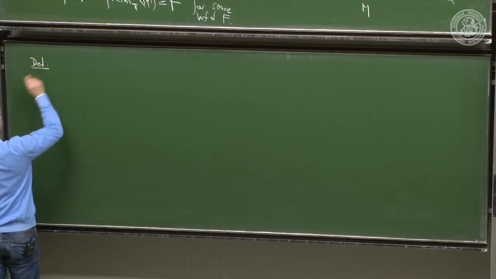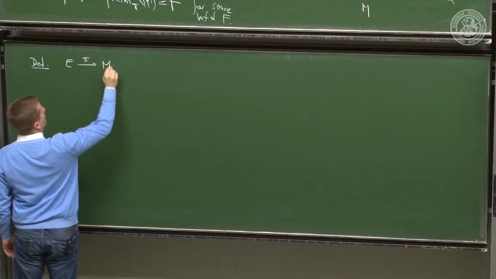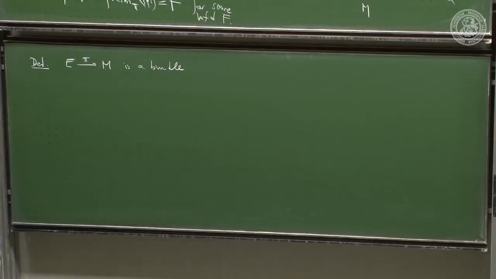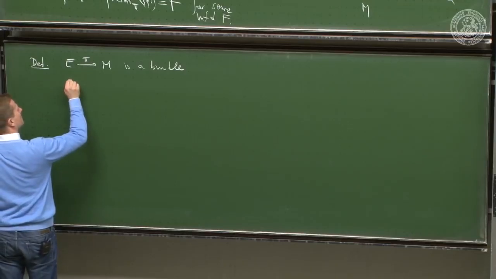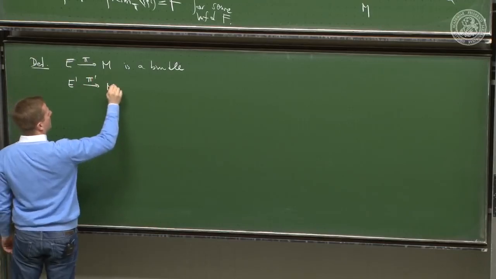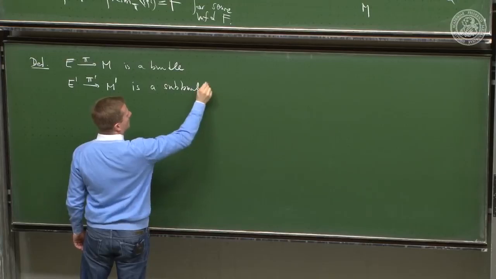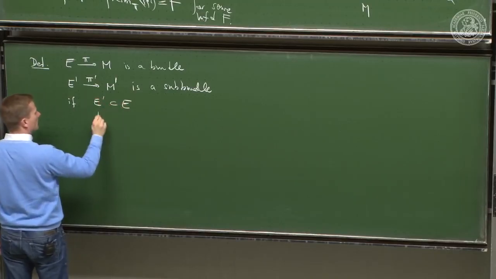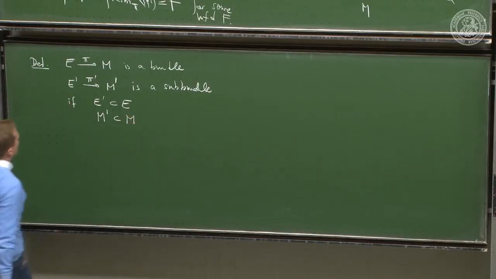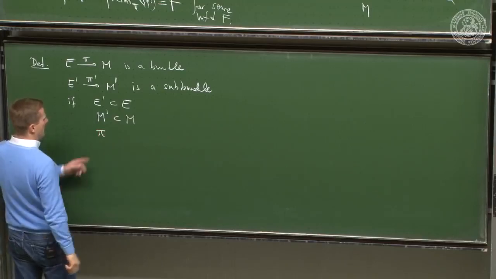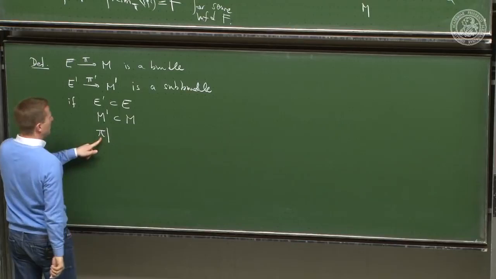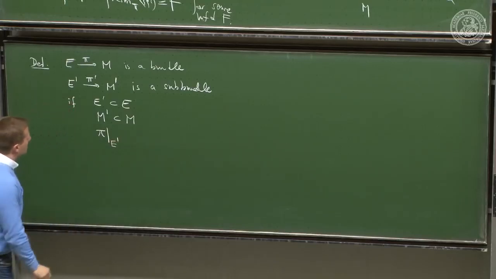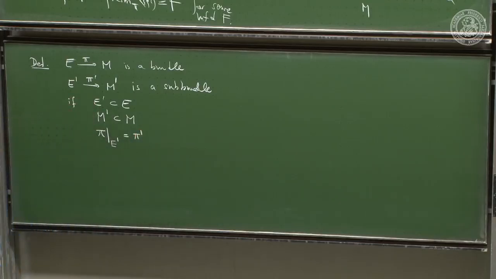For instance, we have the definition: if (E, π, M) is a bundle, then (E', π', M') is a subbundle of the previous bundle if E' lies in E, M' lies in M, and if you look at the map π, which goes from E to M, and restrict it only to the subset E', then that coincides with the π' map.